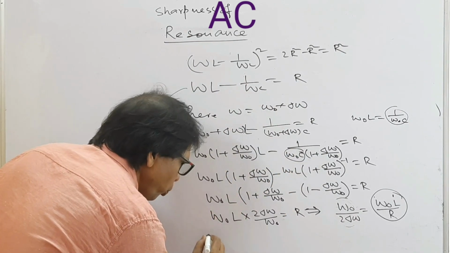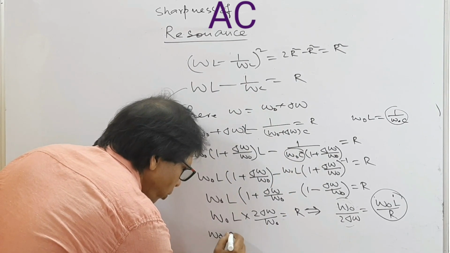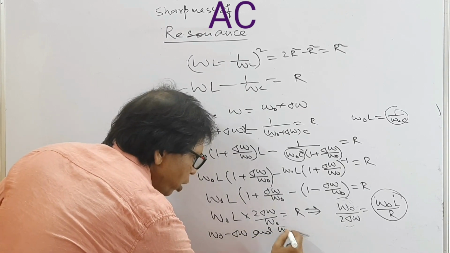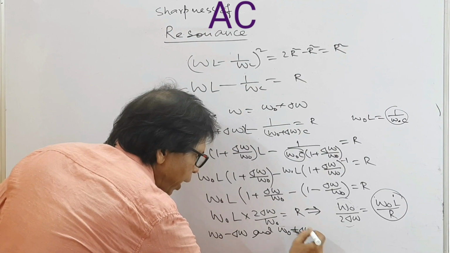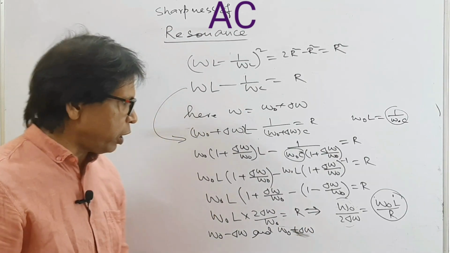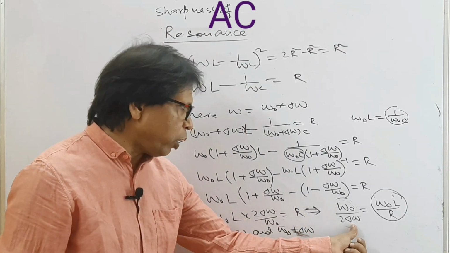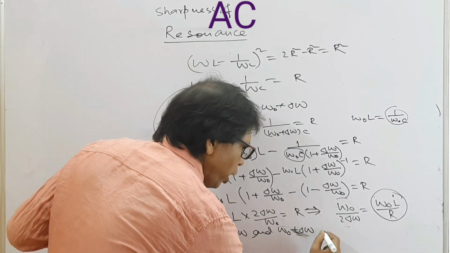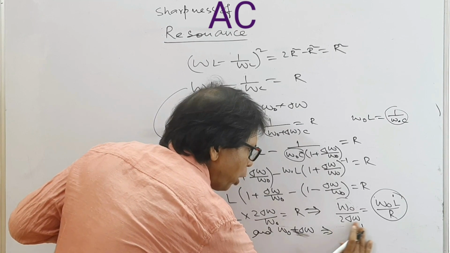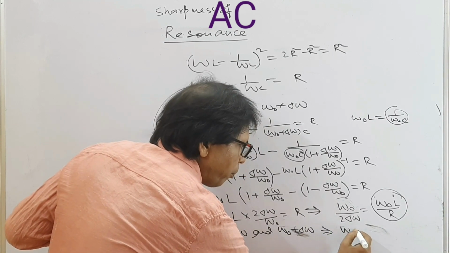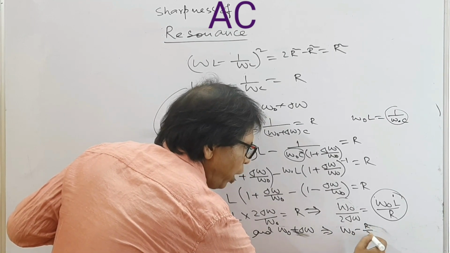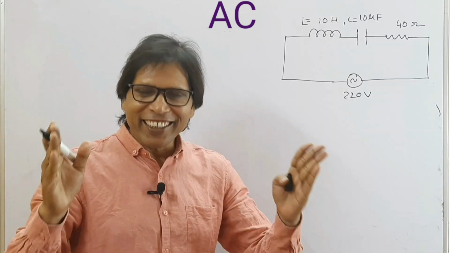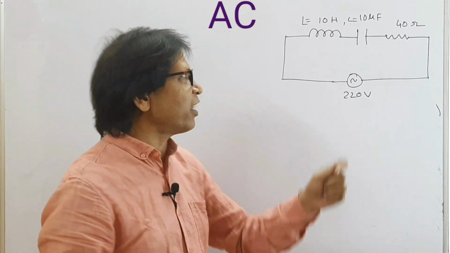The two frequencies omega naught minus delta omega and omega naught plus delta omega are called half power frequencies. From this expression, delta omega is equal to R by 2L. So half power frequencies are omega naught minus R by 2L and omega naught plus R by 2L.